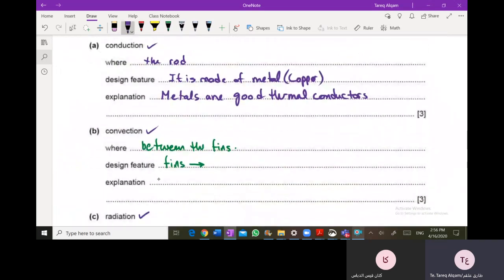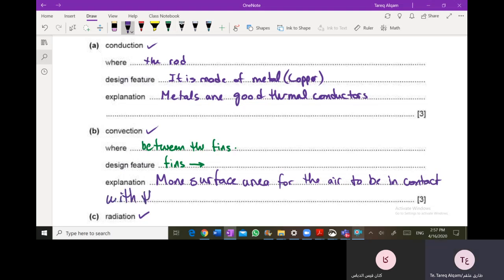So fence here means more surface area for the air to be in contact with the hot copper rod.